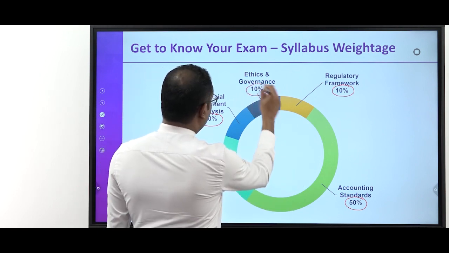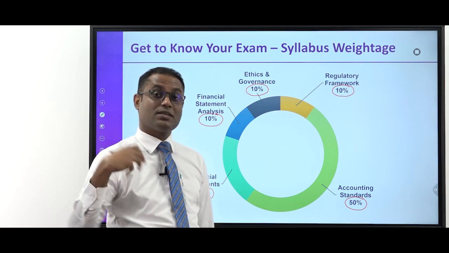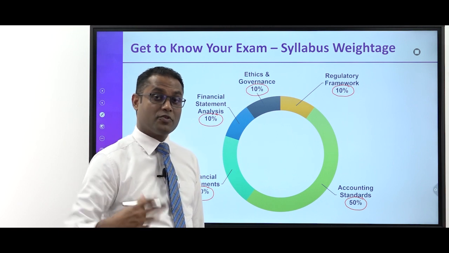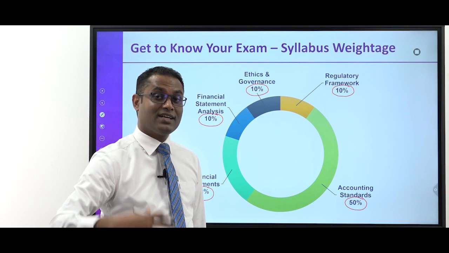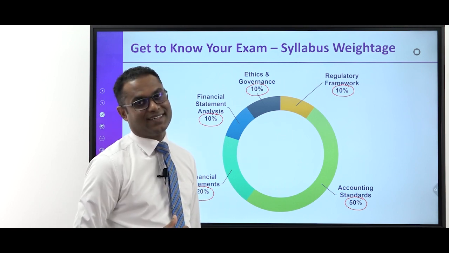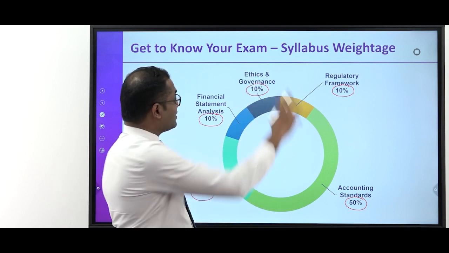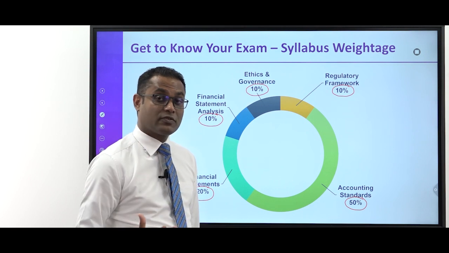Then the remaining 10% is from ethics and governance. Chartered accountancy is a profession. Once you qualify, you would become a member and you would become a professional. So in any profession, you have certain ethics that you need to adhere to. Those are professional ethics. Then the governance aspect: the code of best practice for corporate governance.